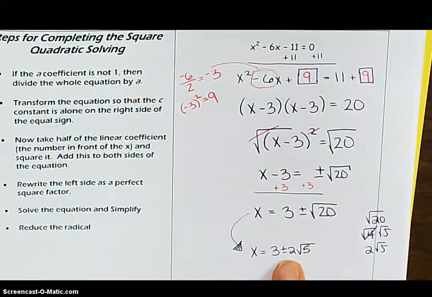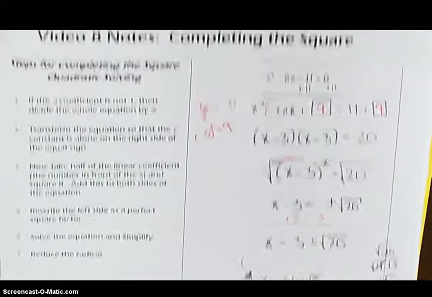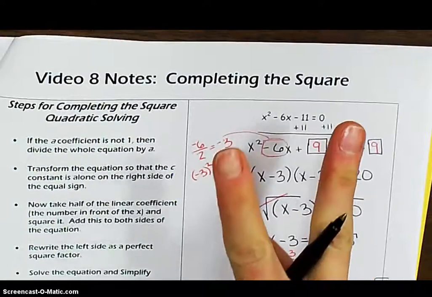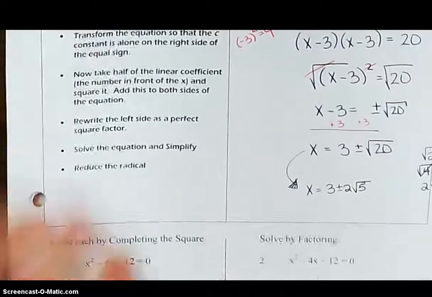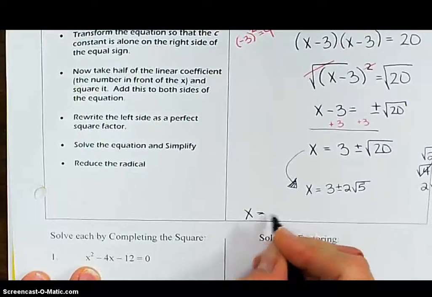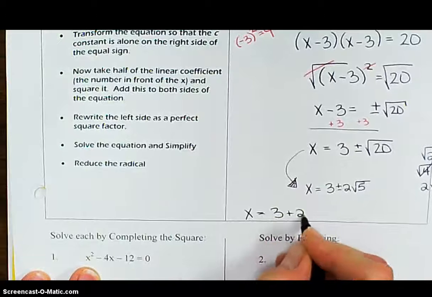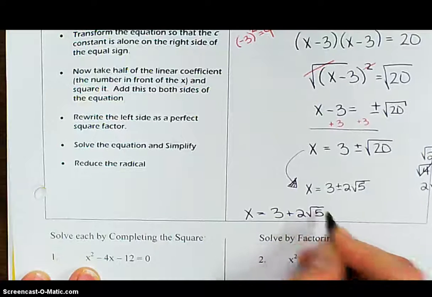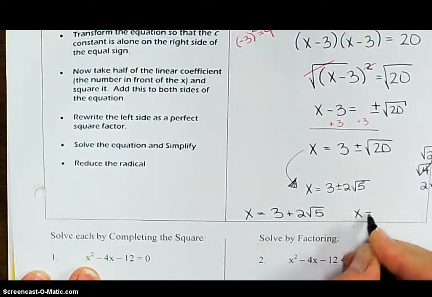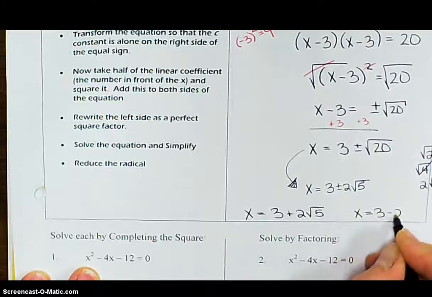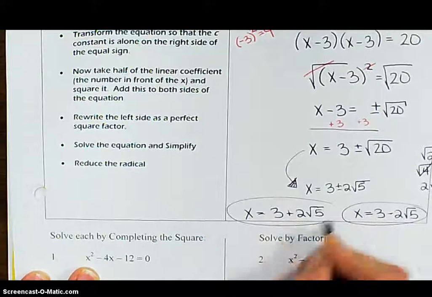Now here's what that plus or minus means. Remember, our x was squared, so there's going to be 2 answers. That means your first answer for x is going to be x equals 3 plus 2 radical 5. And your second x is going to be x equals 3 minus 2 radical 5. So those are your 2 solutions there.